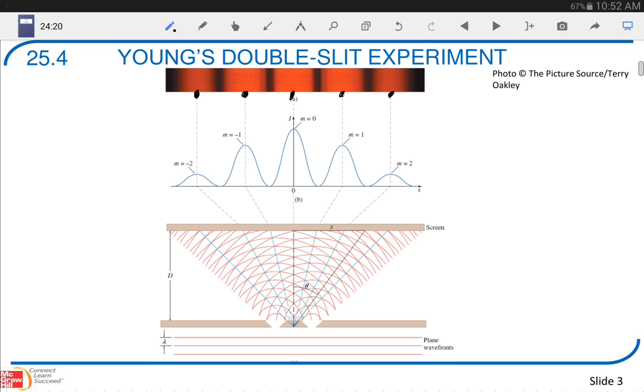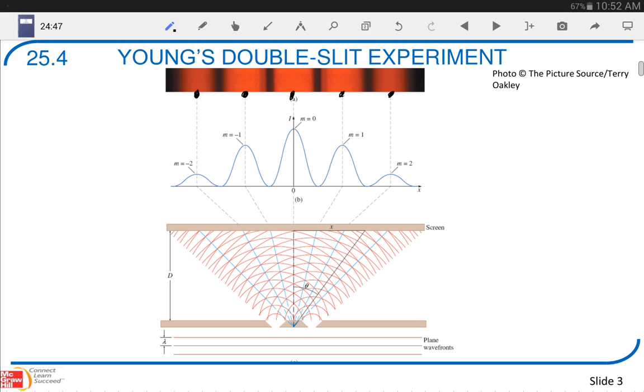Now, from Huygens' principle, if I have plane waves, you see in the bottom of the picture there, I have plane waves coming up. They come to the hole. Huygens' principle says that each hole, this was a test question, how is it going to act? Like a point source for a spherical wave. And so we have the two-dimensional equivalent of a spherical wave, which is a circular wave, coming out from each one of those.